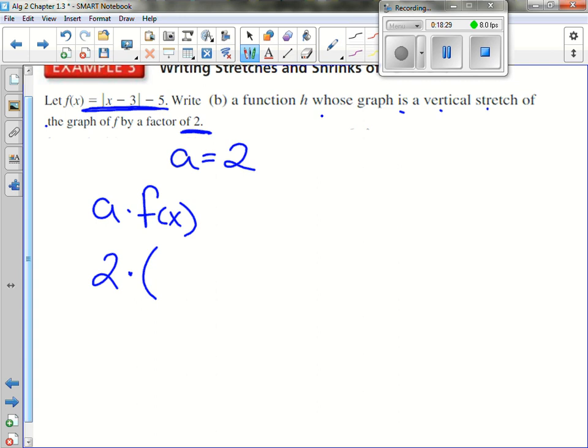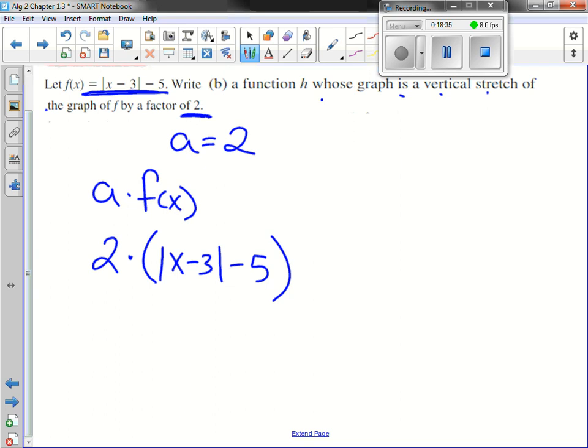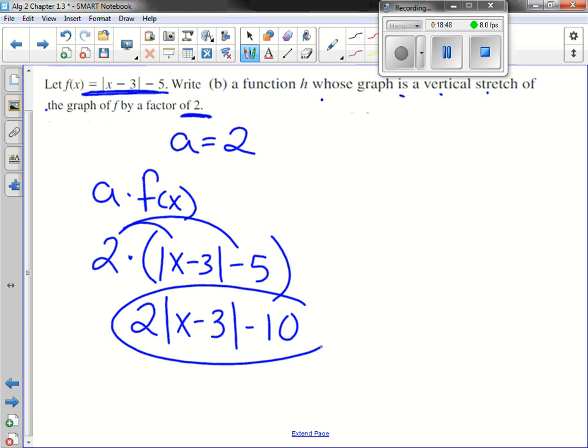This whole thing right here, the absolute value of x minus 3 minus 5. So to apply this, we're going to multiply through. Now again, the 2 doesn't multiply inside the absolute value. It's just going to be 2 absolute value of x minus 3. 2 times negative 5 is negative 10. And that's our vertical stretch by a factor of 2. That's all we have to do for this here.